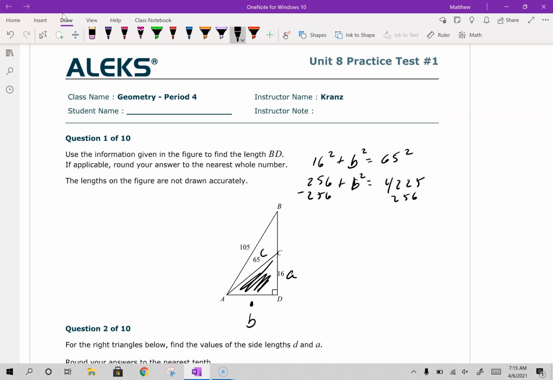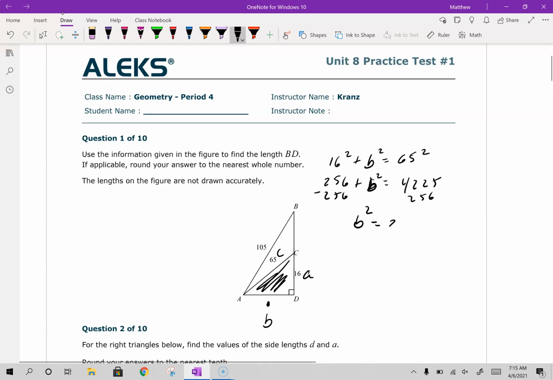So b squared equals 3969. And when I take the square root of it, because b equals the square root of 3969, I get 63. So b is 63.